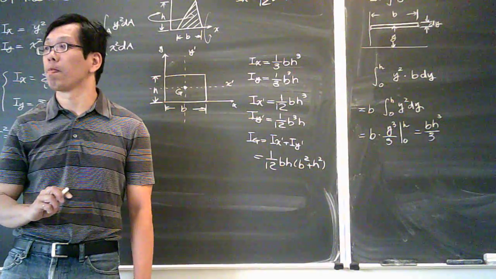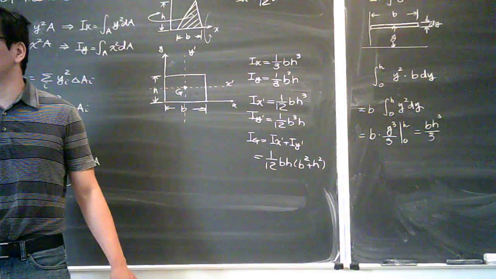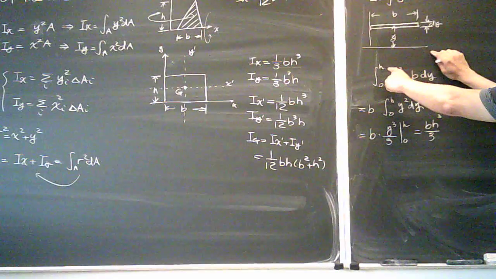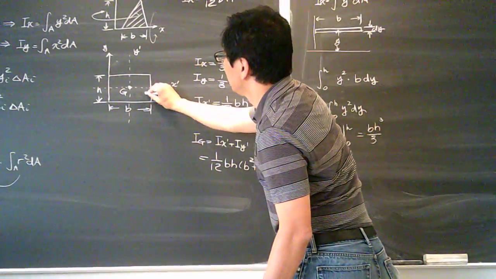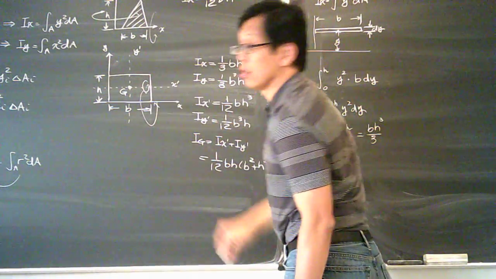Yes. Why does it go from 1/3 b h cubed to that? You need to do the integration to find out. You understand what I'm doing over here? Yeah. This is about the x-axis. Okay. This one is about the x-axis.